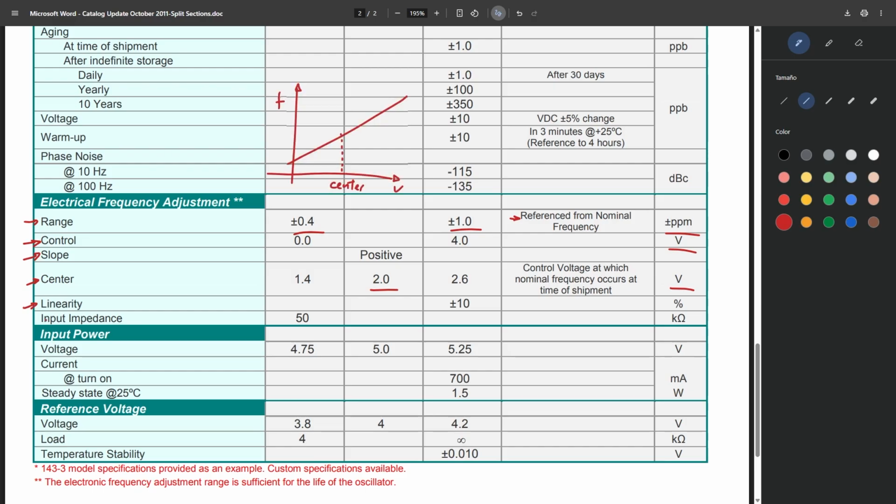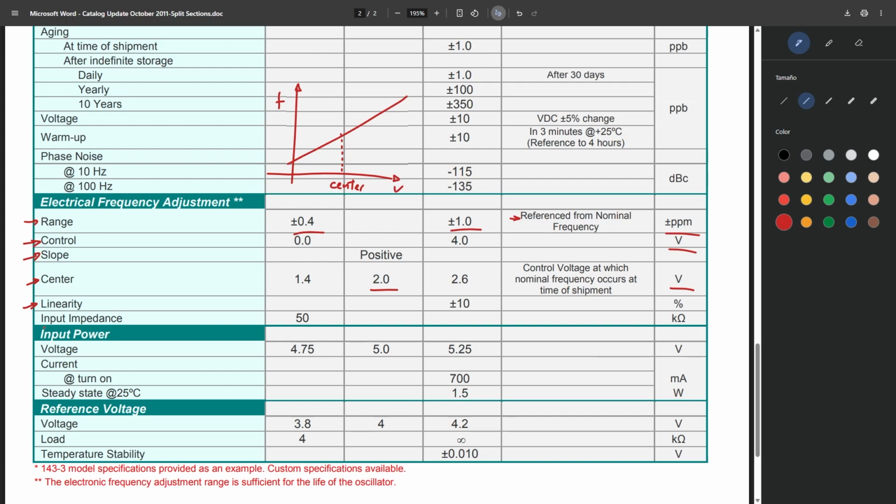The next field is called linearity, and its maximum is plus or minus 10%. I think this value is referring to the coefficient of correlation of the curve frequency over voltage. It tells us that this curve can be approximated with a linear function, and in a worst-case scenario, the coefficient of correlation will be 0.1, which is just awful.